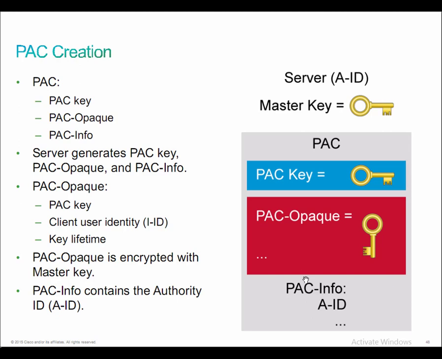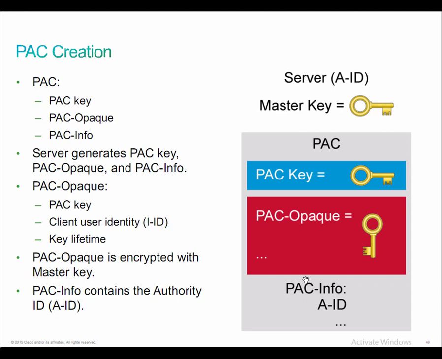There's some other information that can be contained here, like the lifetime that can be conveyed by the AAA server to the client during the PAC provisioning process, and so on. Once the PAC has been created, it gets sent to the client. That PAC can be sent during an auto provisioning process in phase 0, or we can go through a secondary process called a PAC refresh in phase 2. We can also manually create those PACs and install them on the clients manually.